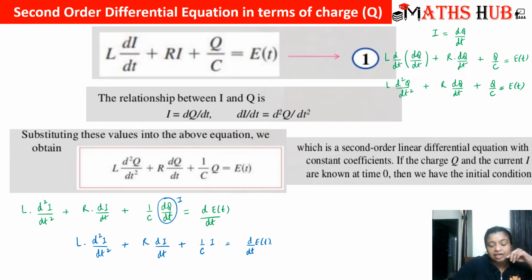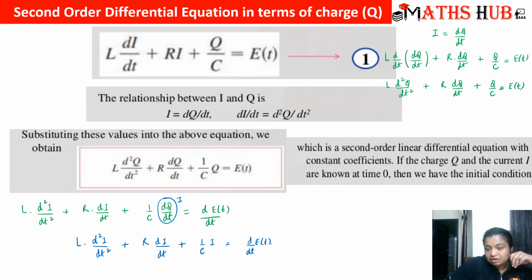So according to the nature of the problem, if the question tells you to calculate charge, you can use this differential equation. If they tell you to calculate current, you can use this differential equation. But perhaps mostly in the questions, they tell you to calculate both charge and the current, right? So you can use either of the equations, and if one of them is known, you can calculate the other.